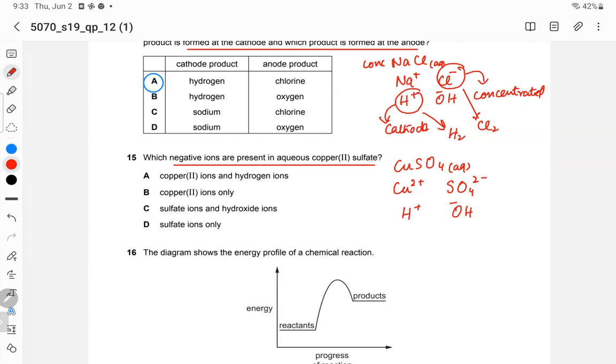So the negative ions are sulfate ions and hydroxide ions. So it means option C is our correct answer. Is this clear?